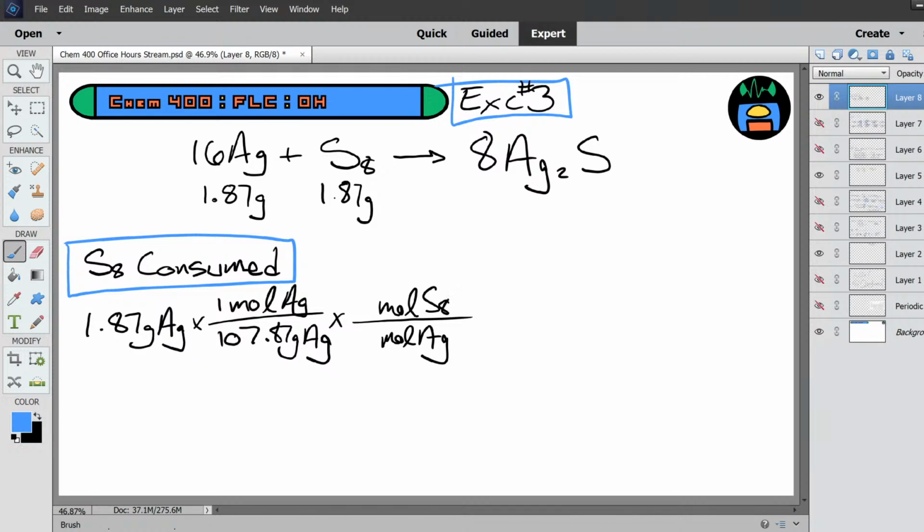And this is a 16:1 ratio from the balanced chemical equation. Let me cancel some units. Then we need to convert from moles of S8 to grams. That was 256 something. Let's go 32.07 times 8. Yeah. 256.56 grams.